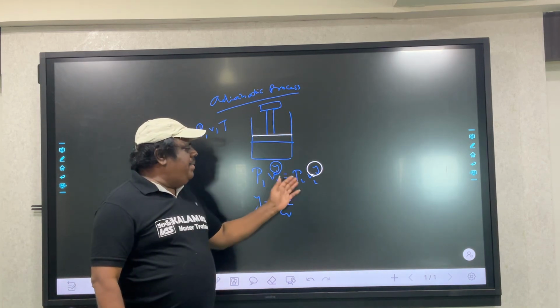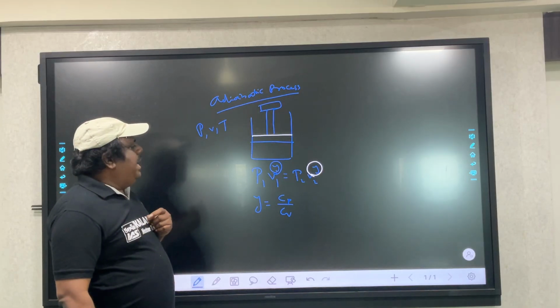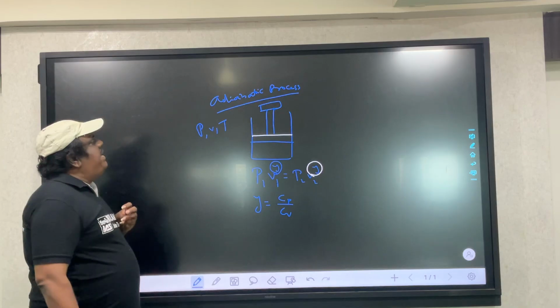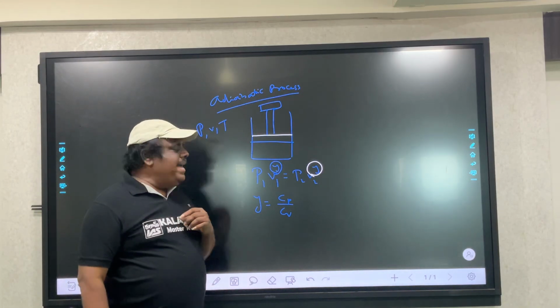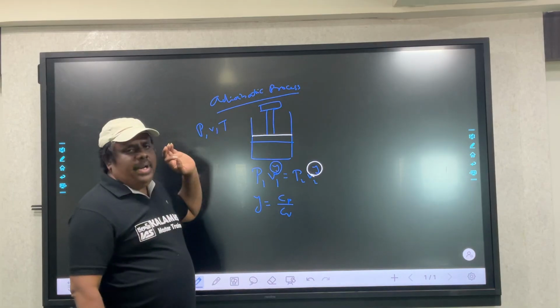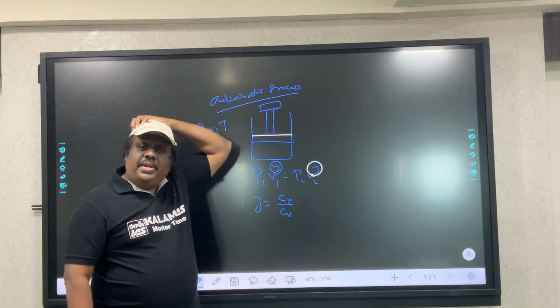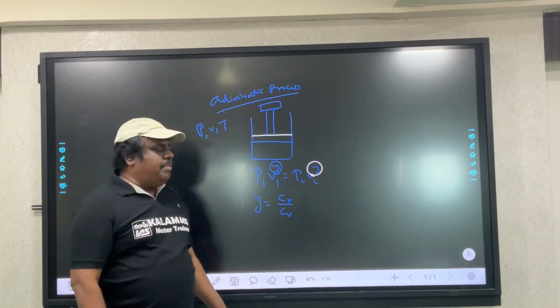This is the relation to find either the ratio in pressure or volume: P1 V1 power gamma is equal to P2 V2 power gamma in the case of an adiabatic process. The adiabatic process is quicker than the isothermal. Here pressure, volume and temperature all may change, but in isothermal, only pressure and volume may change. Temperature remains constant the entire process.